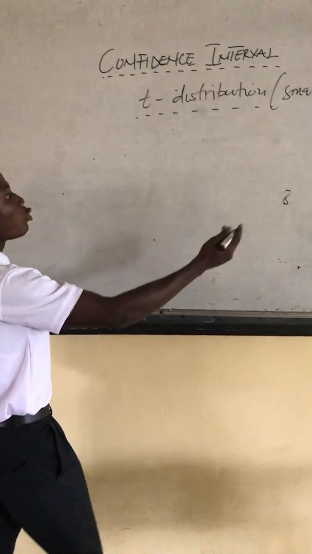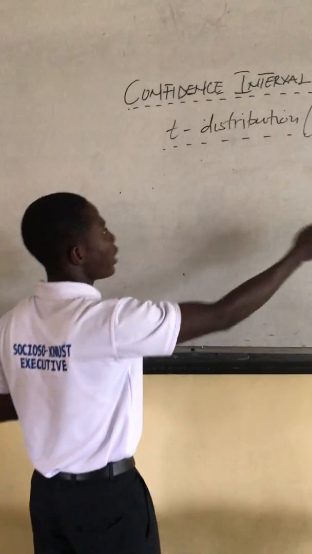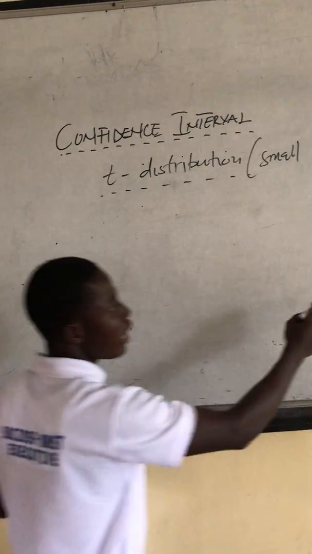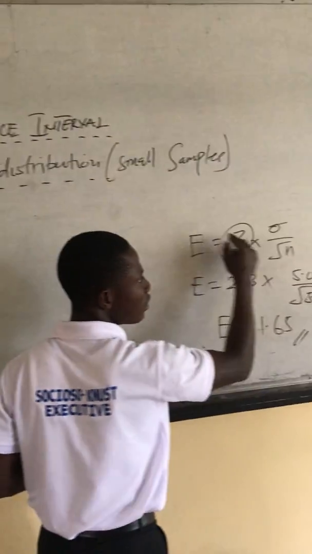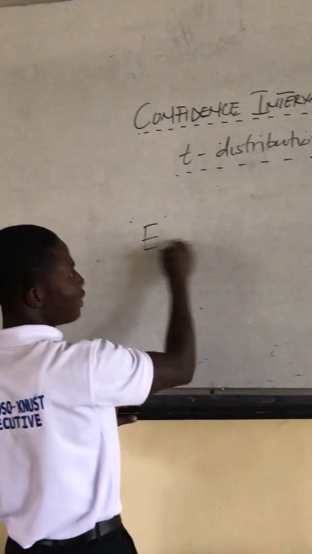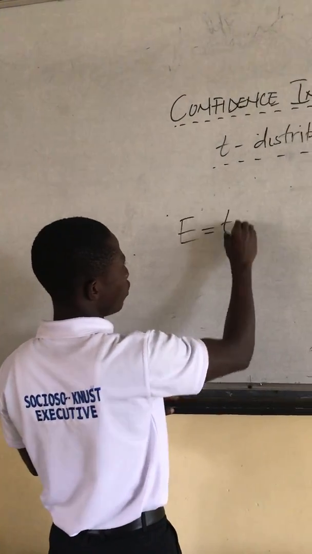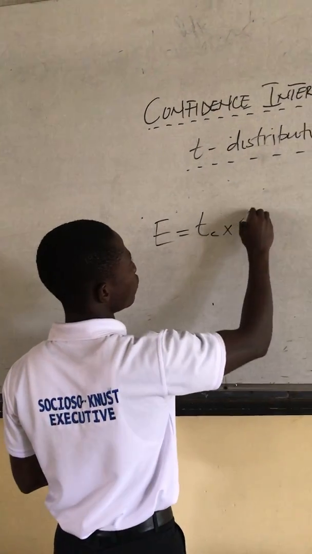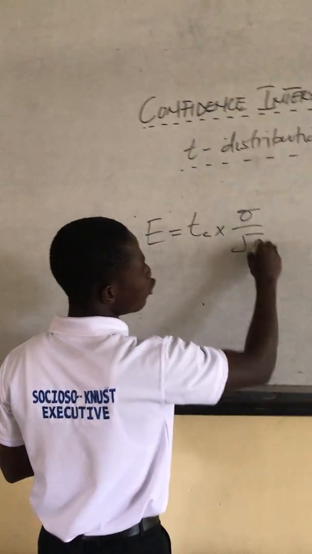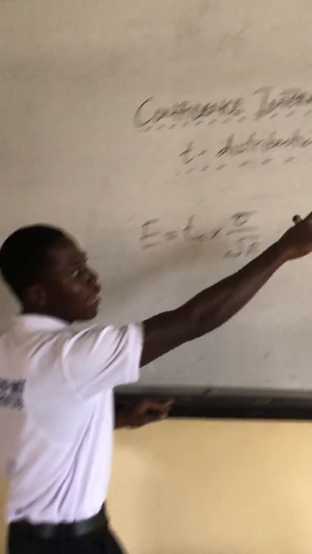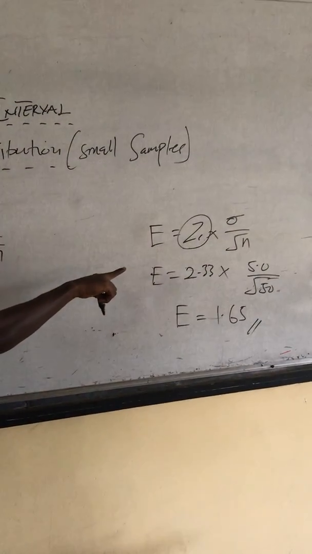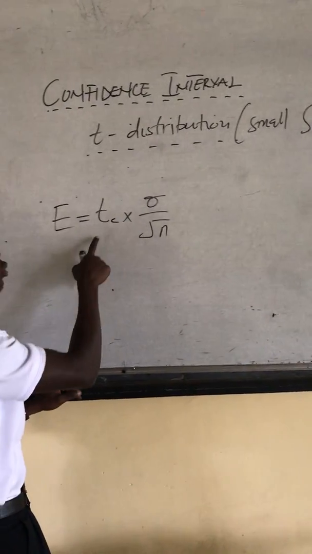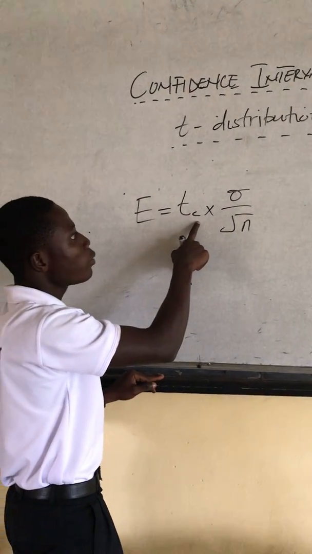The formula for t distribution is take the same margin of error, but you see here for the large samples we have zc, that's z confidence. But when it comes to the t distribution, the z will change to t. So for large samples, we use z. And for small samples, that's the t distribution, we use t.